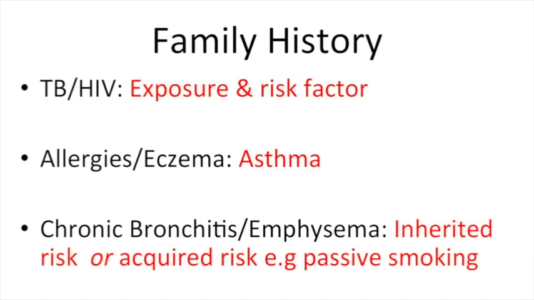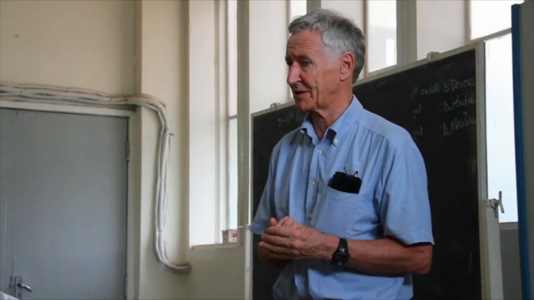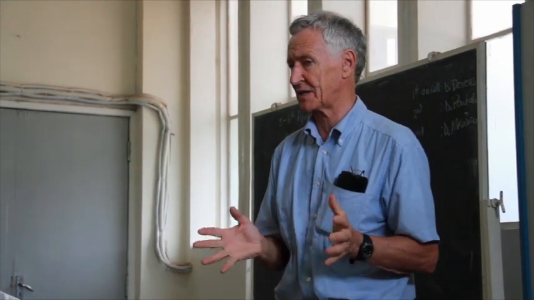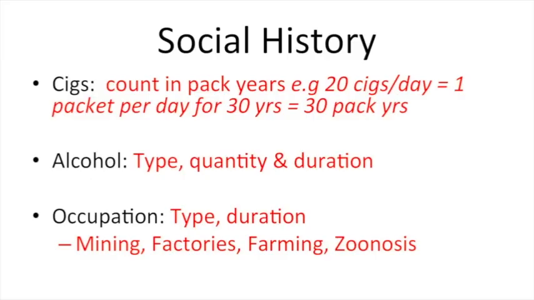And in addition then, you've got the common family history of allergies, asthma, eczema, and also what we call passive exposure to smoking, which could indirectly injure somebody's lung. That is known nowadays. As regards social history, I think you're very familiar with social history.